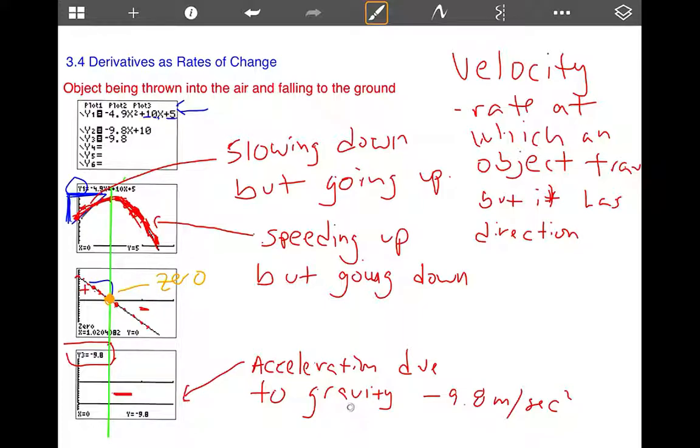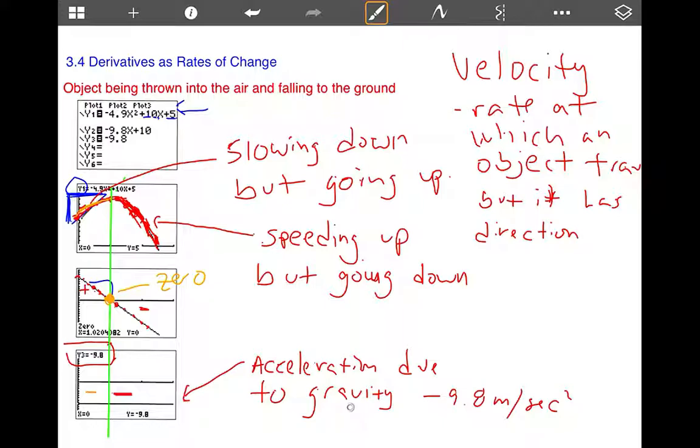But if I look over here, it's slowing down. My velocity is positive, and it's moving towards the x-axis, but my acceleration is negative. I have a negative force acting on something that's going up, something that's being pushed down as that object's going up.